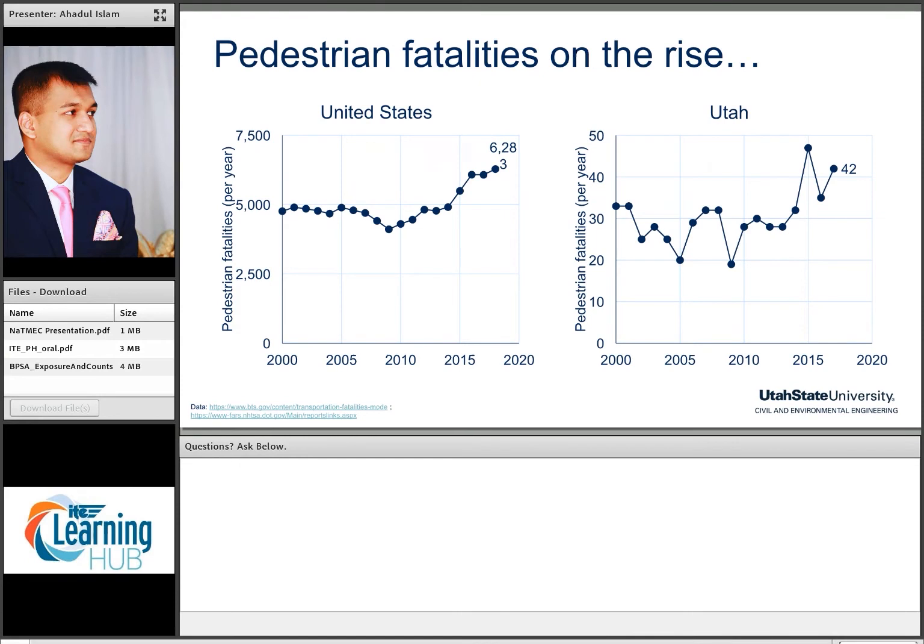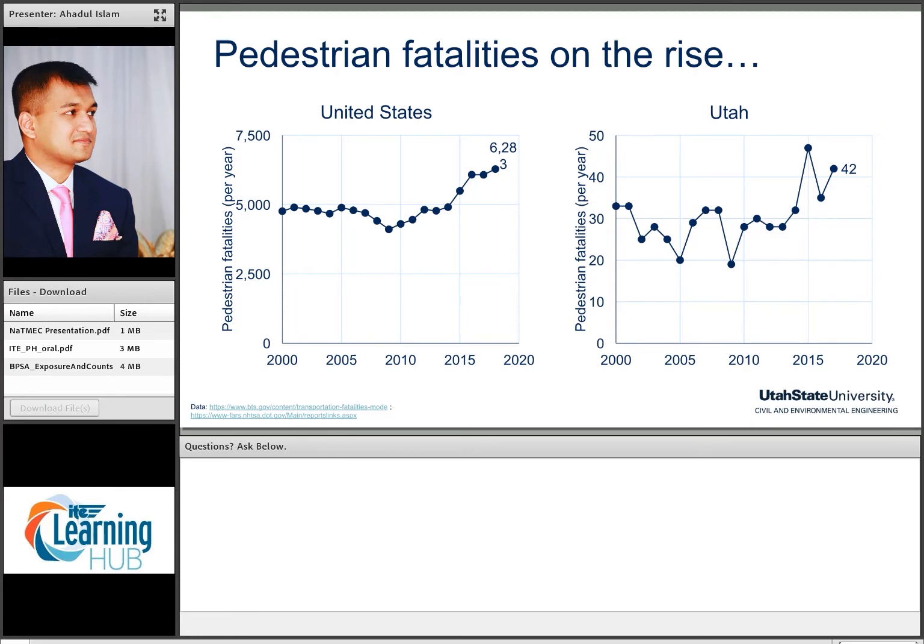In the US, according to the National Highway Traffic Safety Administration, there were nearly 6,300 pedestrian fatalities in 2018. This number was an increase from 4,100 in 2009 and was higher than in any other year since 1990.